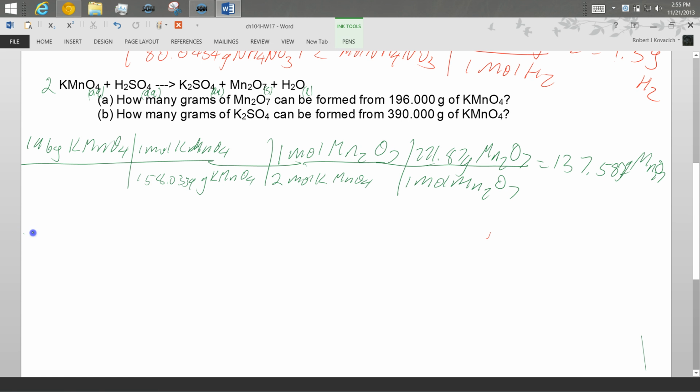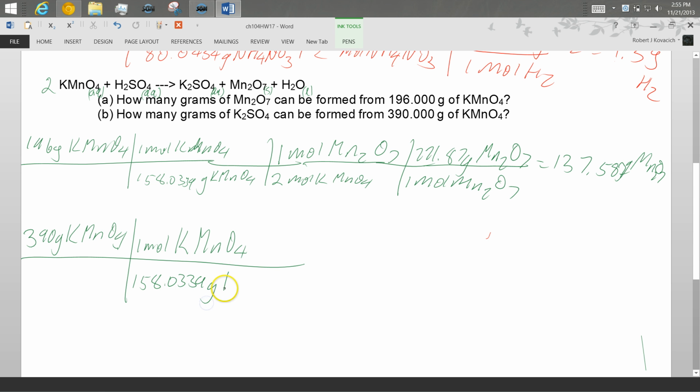So I've got 390 grams KMnO4, 1 mole KMnO4 and 158.0339 grams KMnO4. So far this is written out exactly as the last one, right? I haven't changed anything except my starting mass is different.